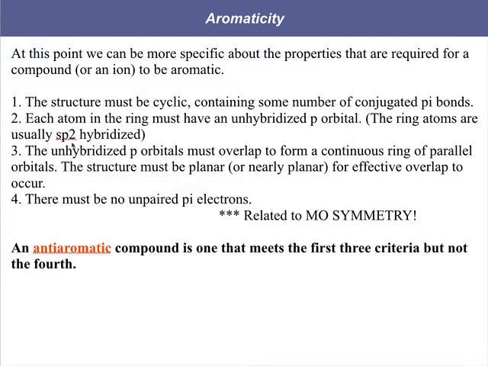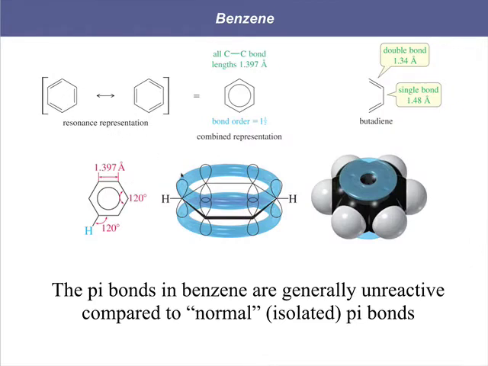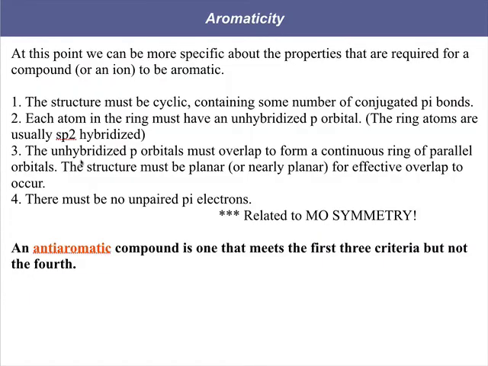If all of your ring atoms are sp2 hybridized, then all of the atoms will have an unhybridized p orbital on them. Thirdly, those unhybridized p orbitals must be able to overlap to form a continuous ring of parallel orbitals, like this picture of benzene here, where all of these orbitals in the ring were overlapping because they were parallel. That's a third requirement for aromaticity.